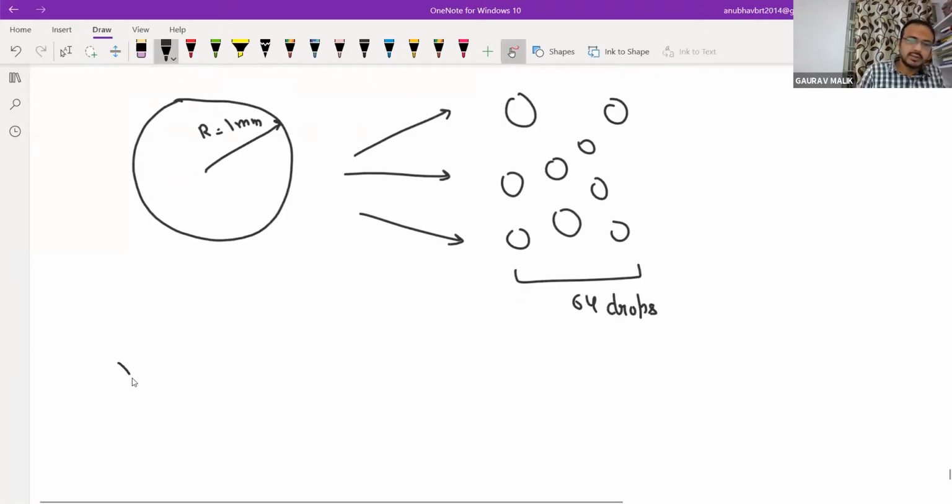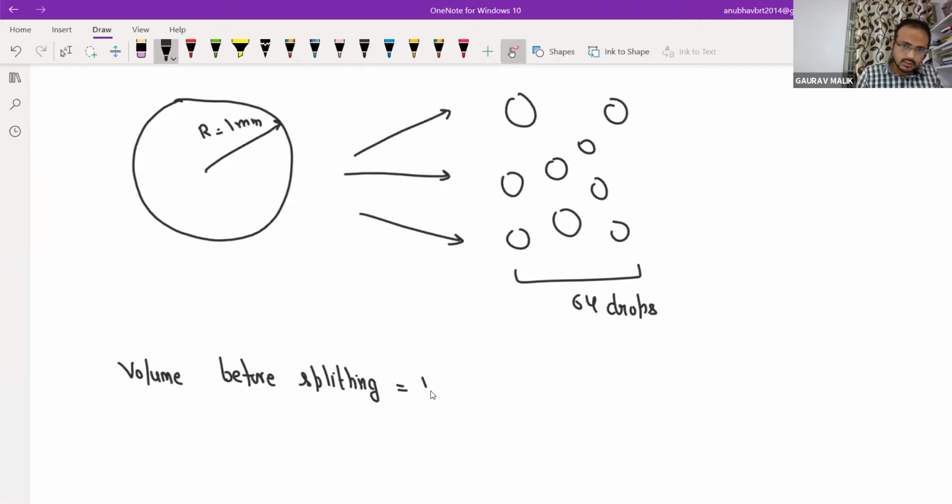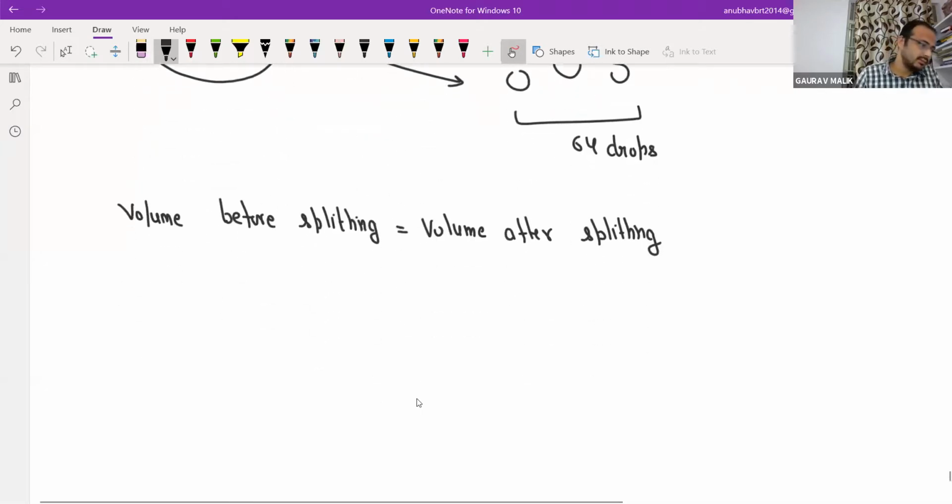But we know one concept. This question is not BTech level. This question is from 12th. They already asked this question in IIT JEE. Volume before splitting is equal to volume after splitting.